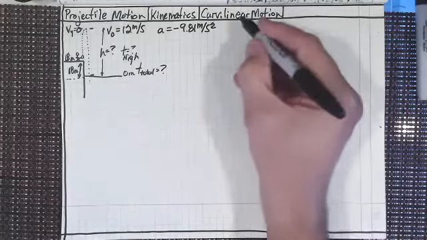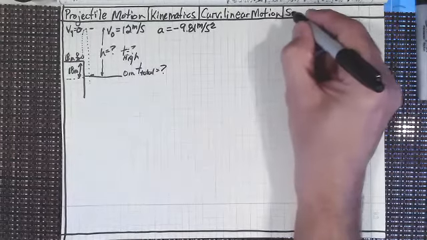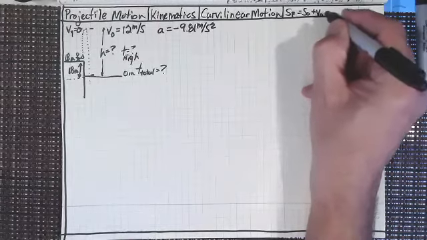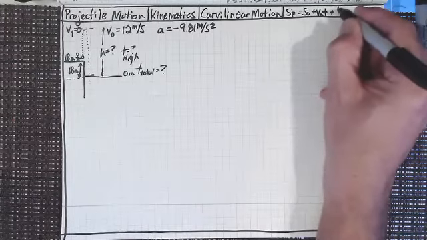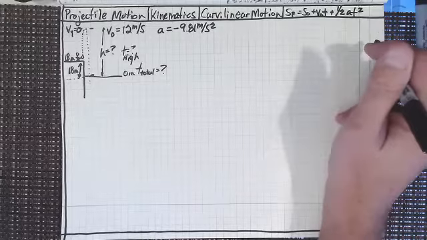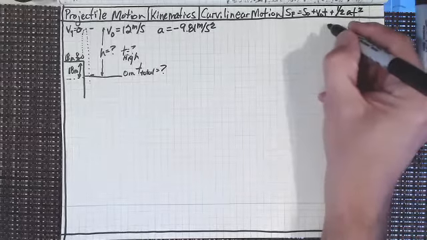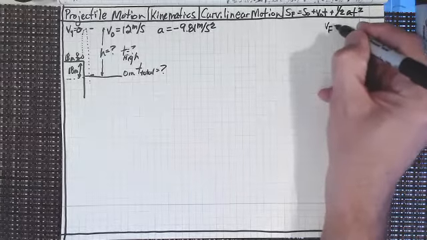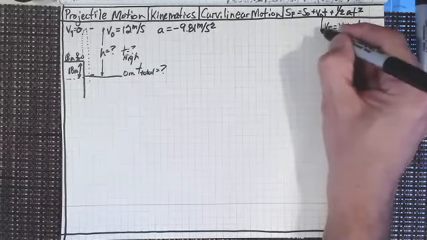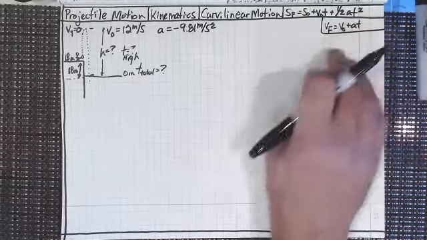So we know that S sub F is going to be S sub O plus V0 times T plus 1/2 AT squared, right? And we also know that V final equals V initial plus acceleration times time, right?